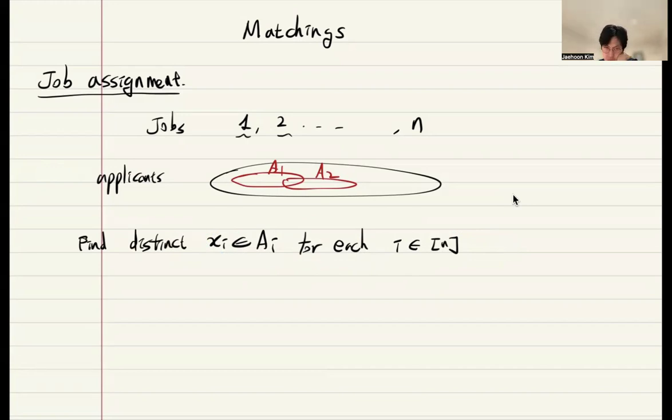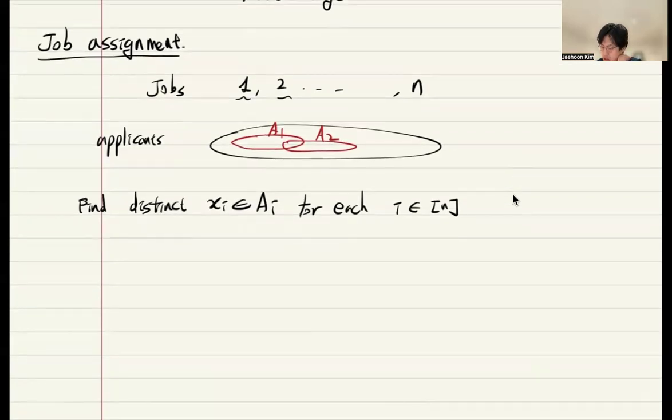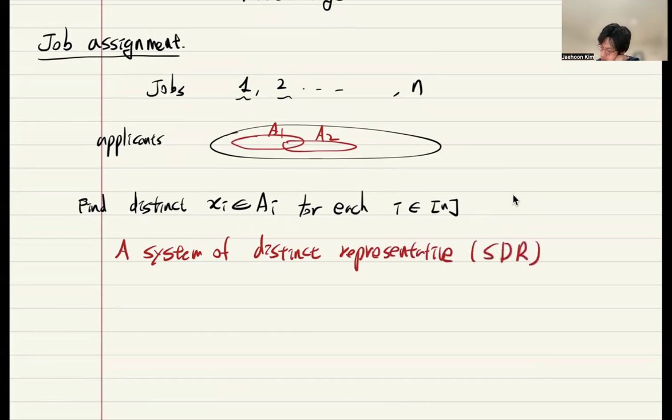So we want to choose the elements x1, x2, to xn, so that they are all different, and xi belongs to Ai. And this is called a system of distinct representatives, or simply SDR, of the sets A1 to An.